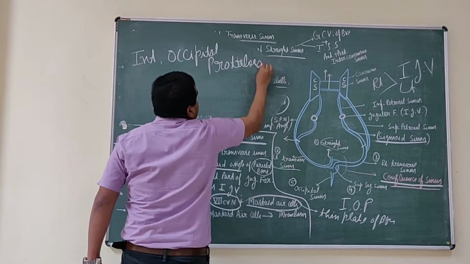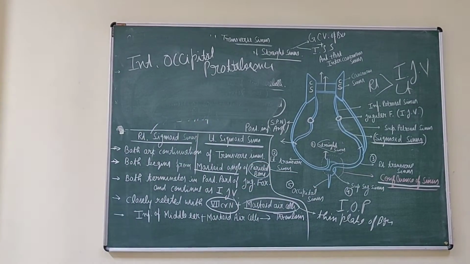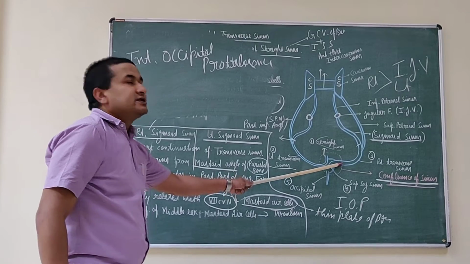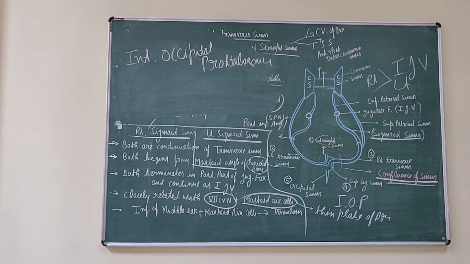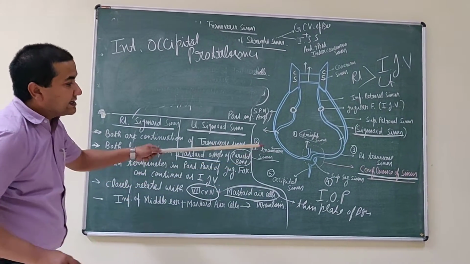Basically, it is the dilated end of the right transverse sinus. At the confluence of sinuses, there are 5 sinuses related with each other.